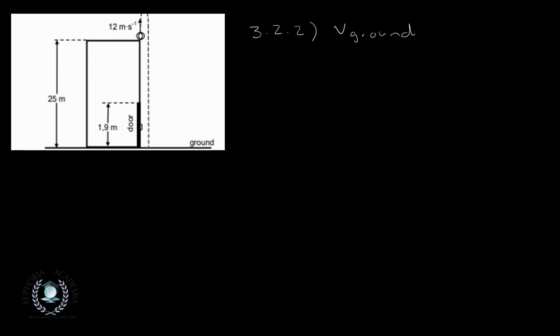Essentially we have to find some piece of information. We already know that at the maximum height of the ball, the velocity is zero.